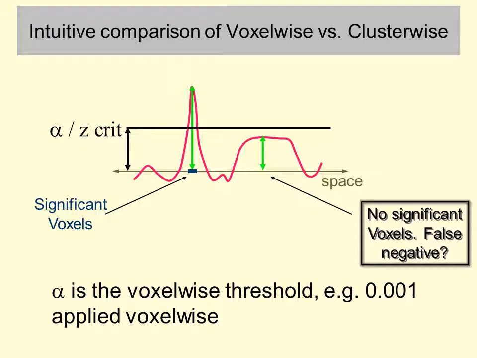This method is likely to detect the small cluster that's highly activated, but not detect the other cluster, and that's potentially a false negative, a type 2 error. That's what would happen with a typical voxel-wise threshold. People often use 1 in 1,000 as a reasonable value. If you're not going to explicitly correct for multiple comparisons, you want to be quite strict about your individual comparisons.